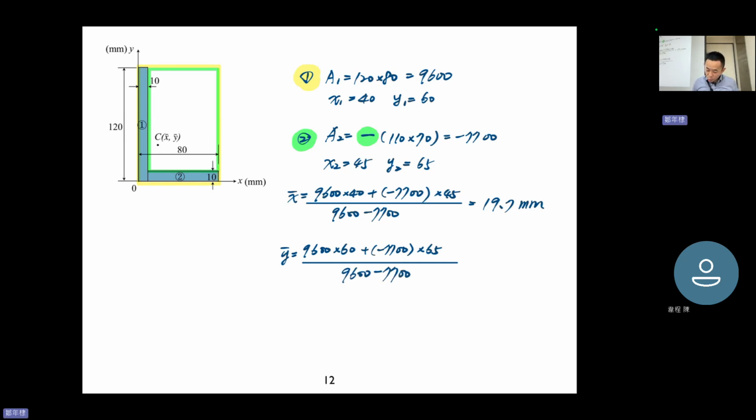So be aware, area can be negative as long as you use it correctly. You can try inputting those things in ChatGPT.